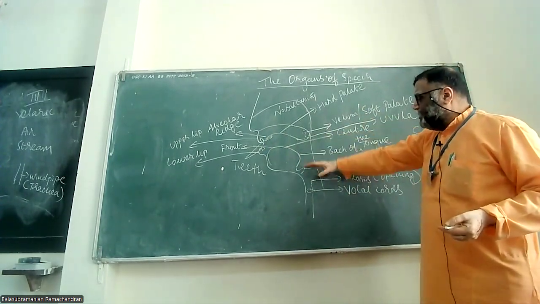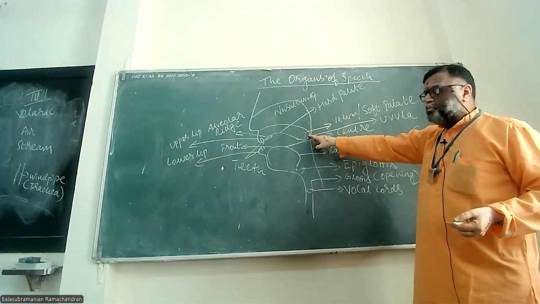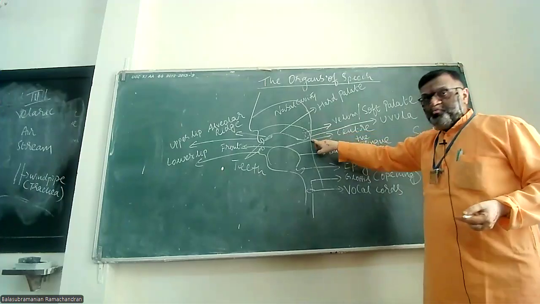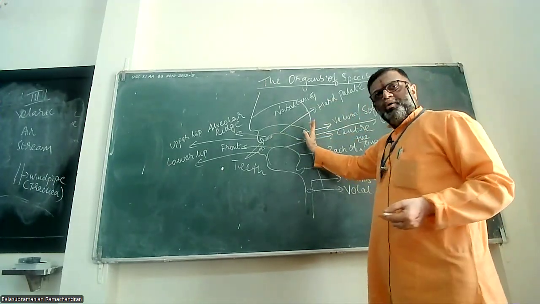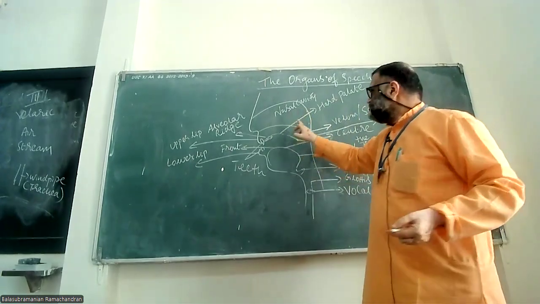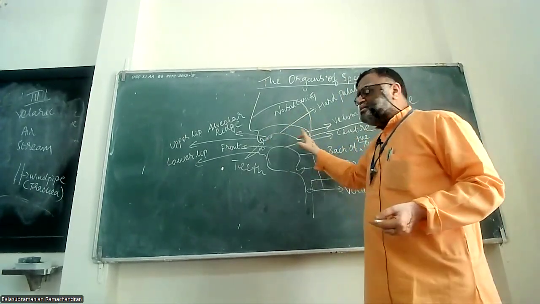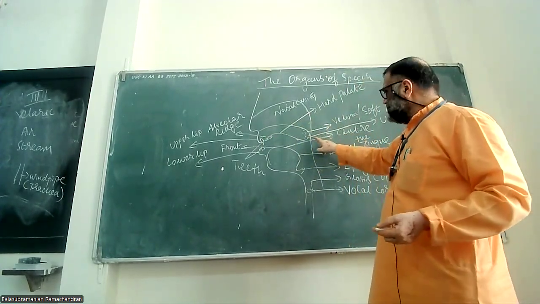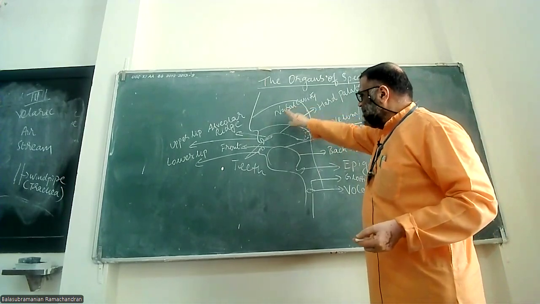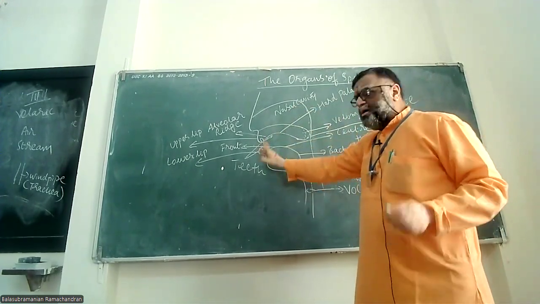Above that, you go up, you have the velum, and with it the uvula. Then the roof of the mouth. The velum is part of the roof of the mouth. The roof of the mouth is divided into three regions: alveolar ridge, hard palate, and soft palate or velum. And you have the uvula, the nasal cavity, teeth, and lips.